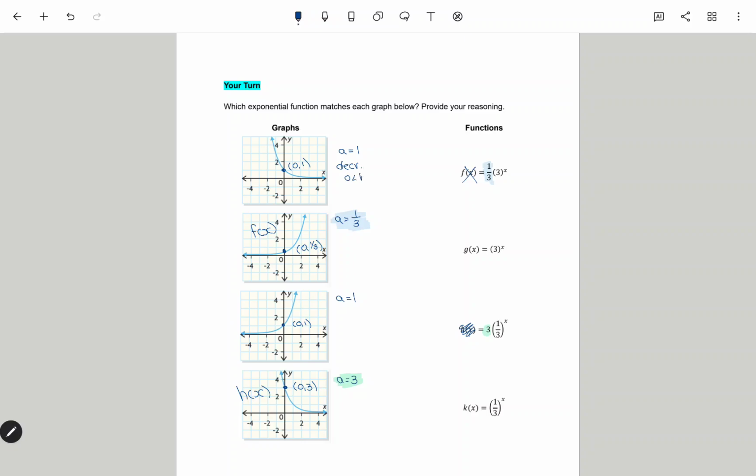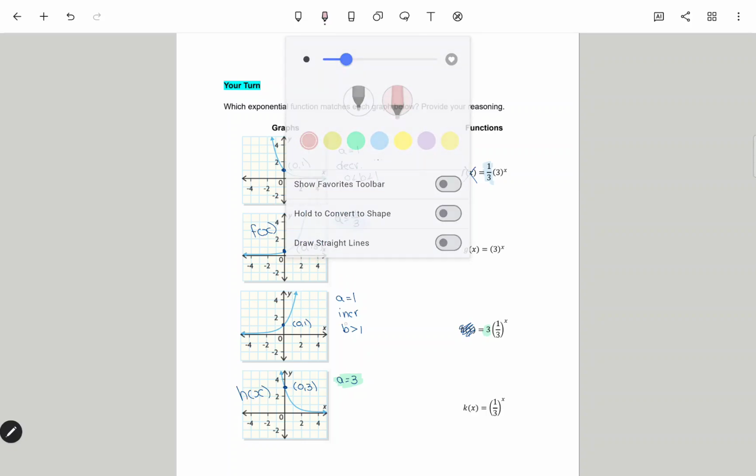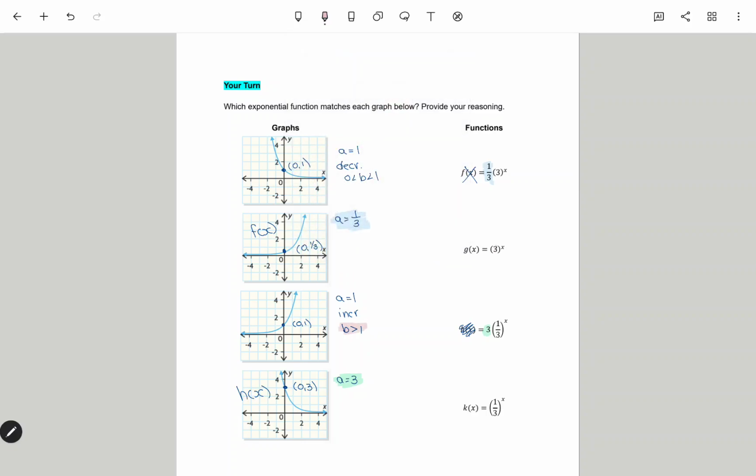So b is between 0 and 1. This guy is increasing. So b is greater than 1. Remember, when nothing's written out front, that's how we know that I have a value of 1. So this guy is g of x, which means k of x goes up here.